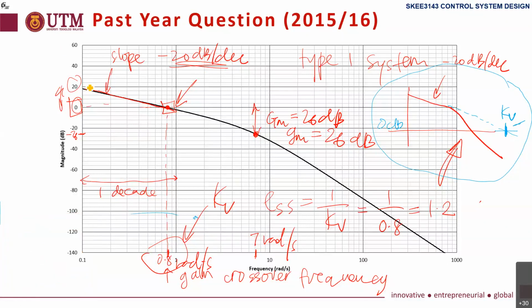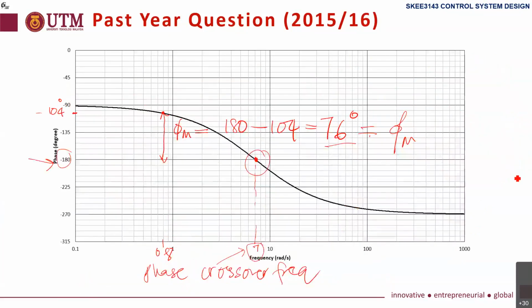The one shown here is already a straight line that crosses 0 dB at 0.8. Then 0.8 here is Kv. So we can calculate error. Error is 1 over Kv, 1.2 error. That is question B.